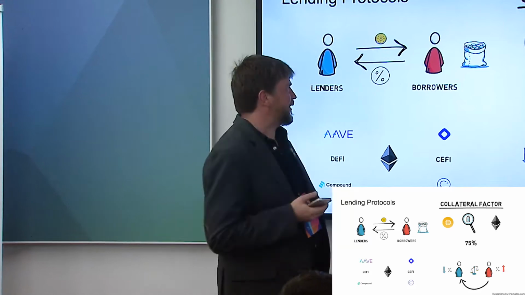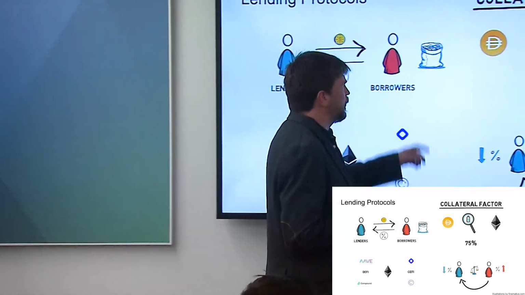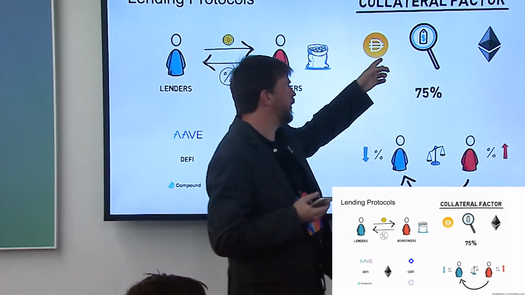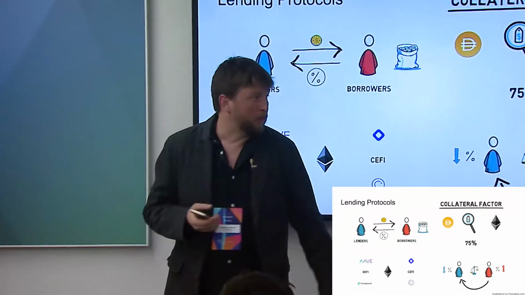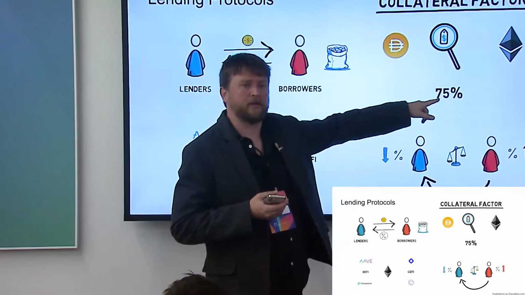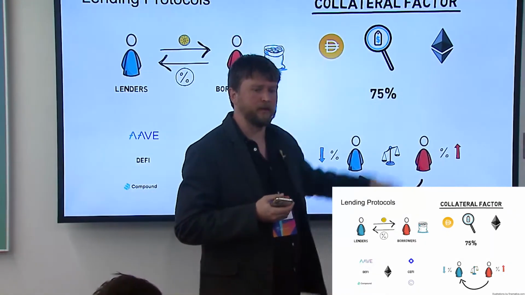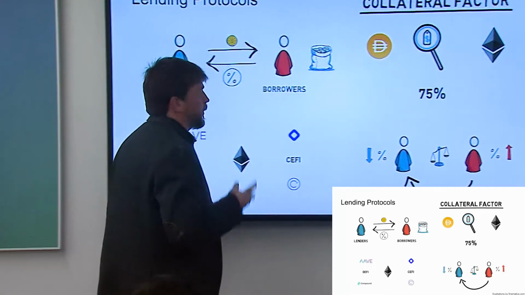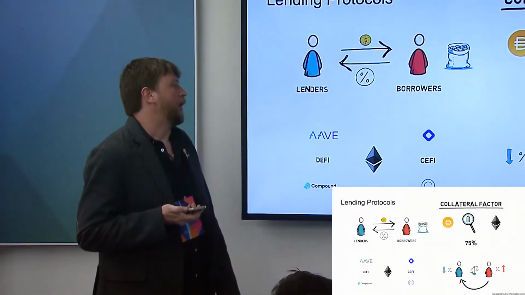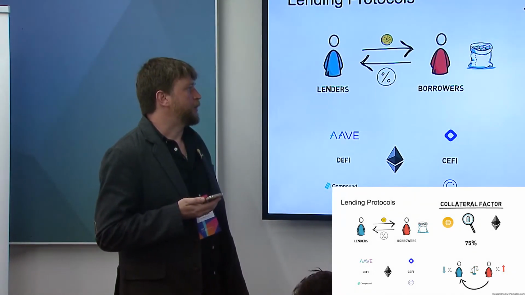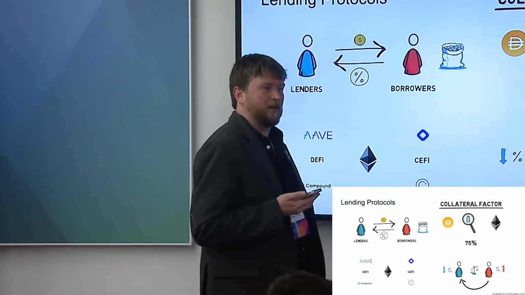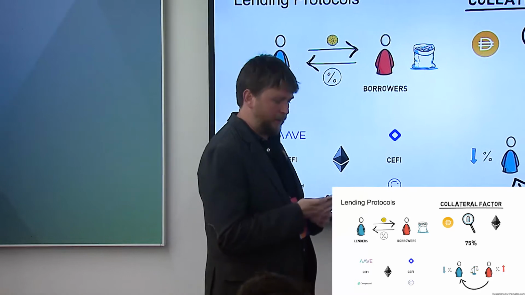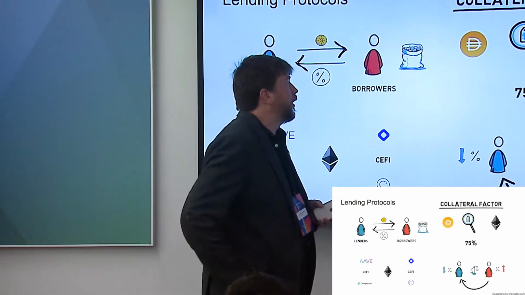That basically means that if I want to borrow DAI by providing Ether, I can only borrow up to 75% of the Ether market value at any given moment. That means over-collateralized. And you might ask, what's the point then? If I have that much Ether, why do I borrow and not just sell it on the market, right? And that's a valid question.